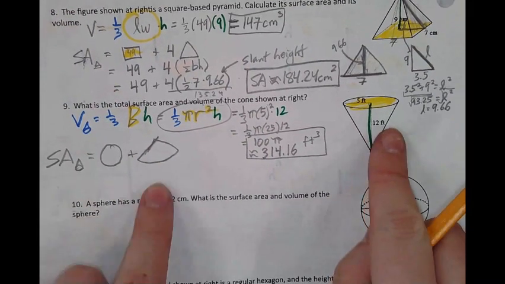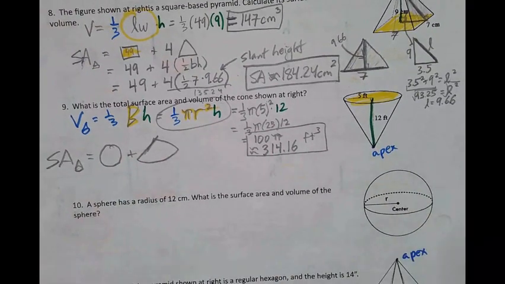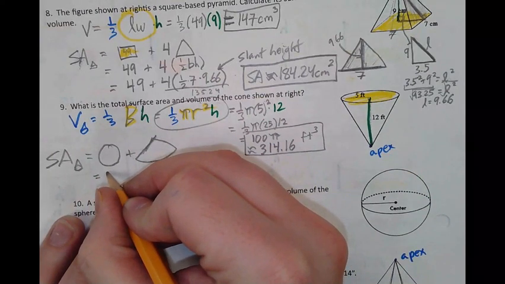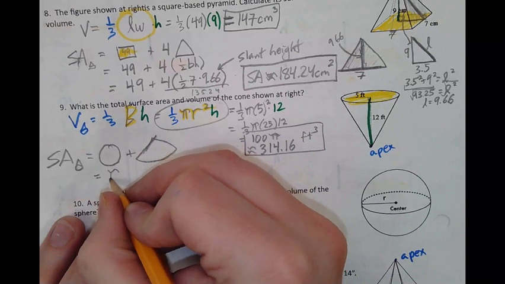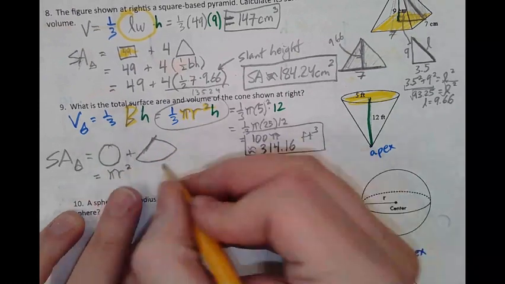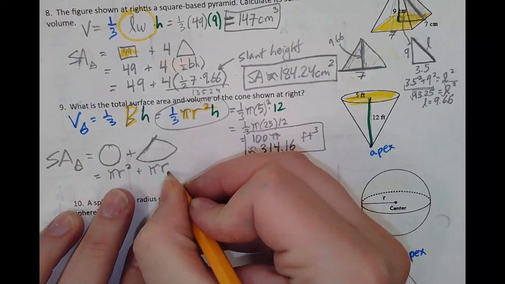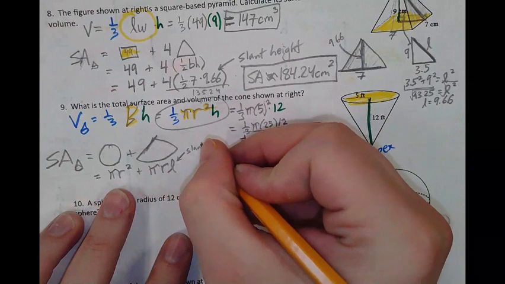So a cone, which is a party hat, opens up to be a sector. So there is a formula for this that we're going to use. It's going to be pi r squared plus pi r L, where L is the slant height.